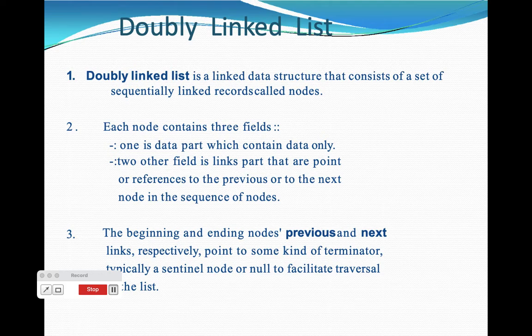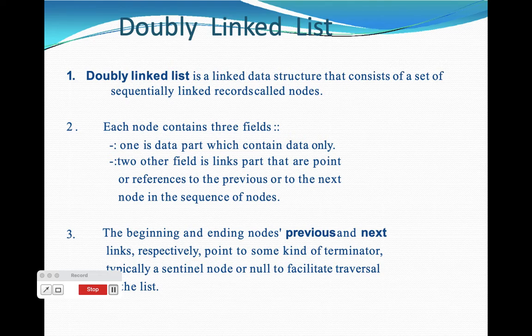So if you think about the double linked list, it can be traversed in both forward and backward direction. If you compare with the single linked list, the delete operation here is efficient, right?